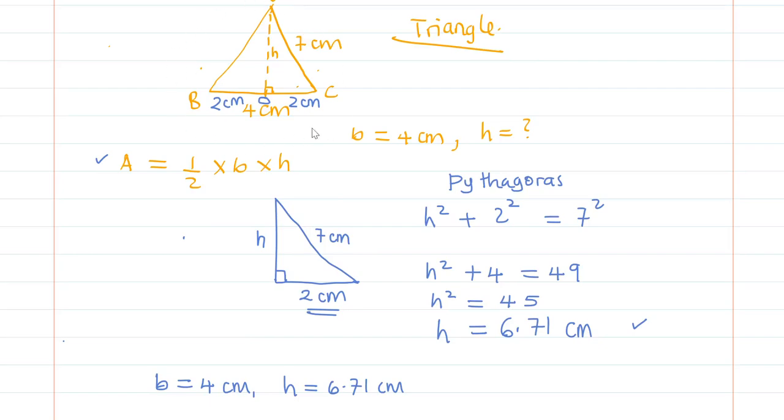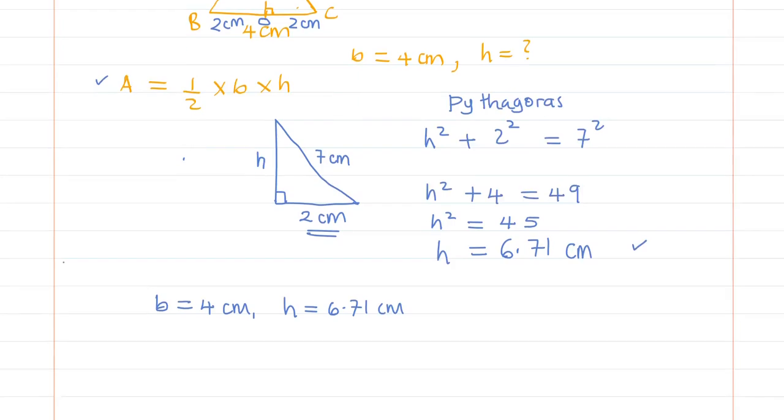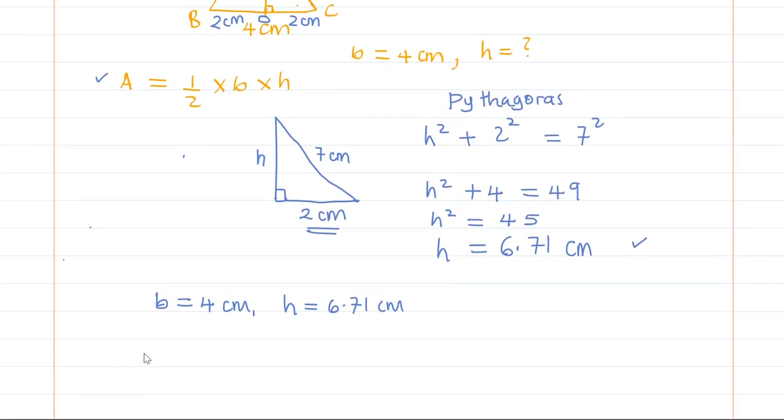It was of this format. So the whole BC is the base. And after getting that, then we say our area of this triangle becomes a half times base 4 times our height, which is 6.71 centimeters.